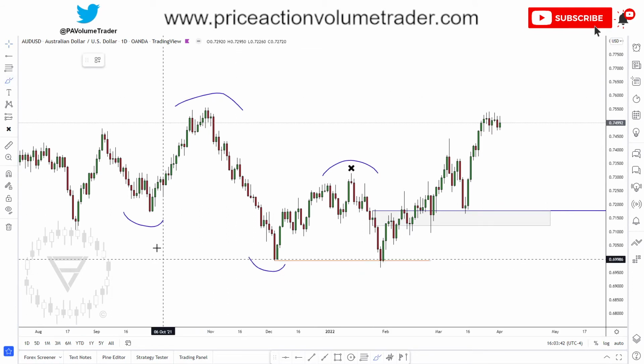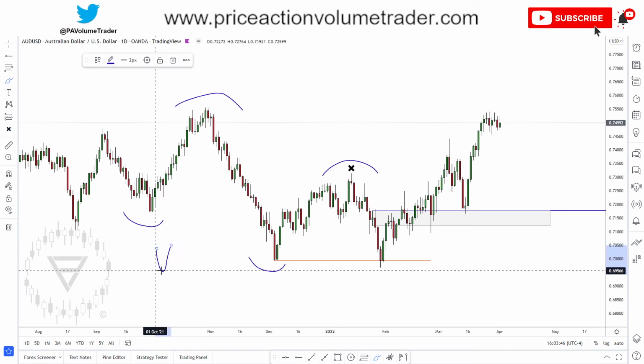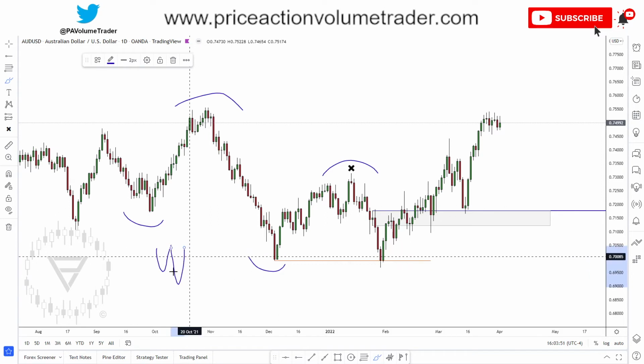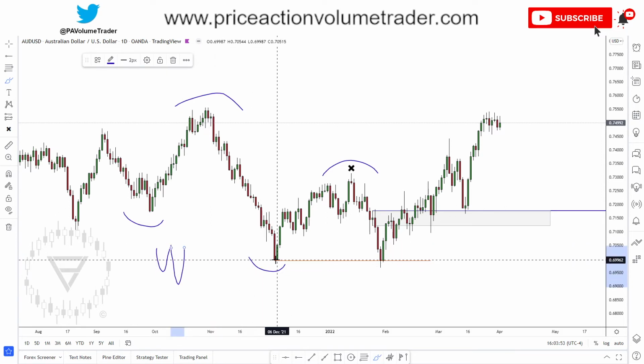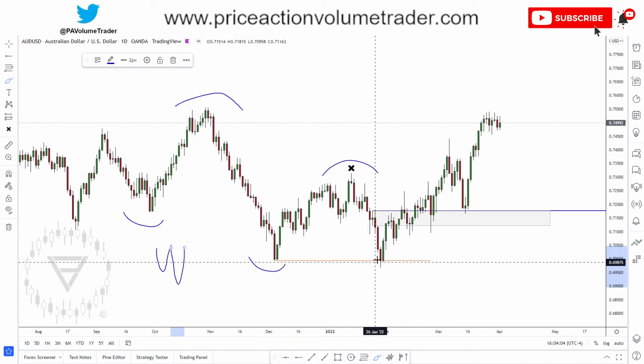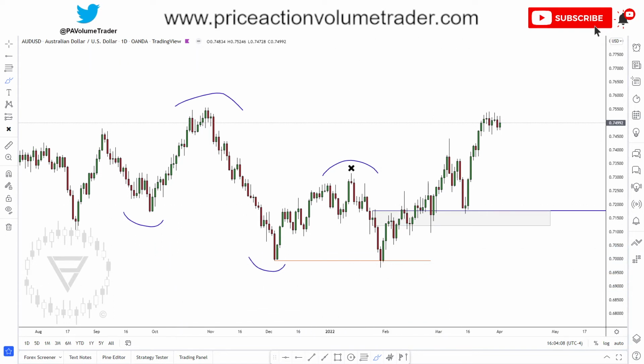If we have a swing low here on a daily chart and the very next day there's a sweep, that's not as significant as a sweep like this, where we had a swing low on December 3rd and then swept it on January 28th. Many weeks passed between this, so this just adds extra importance to this movement here.